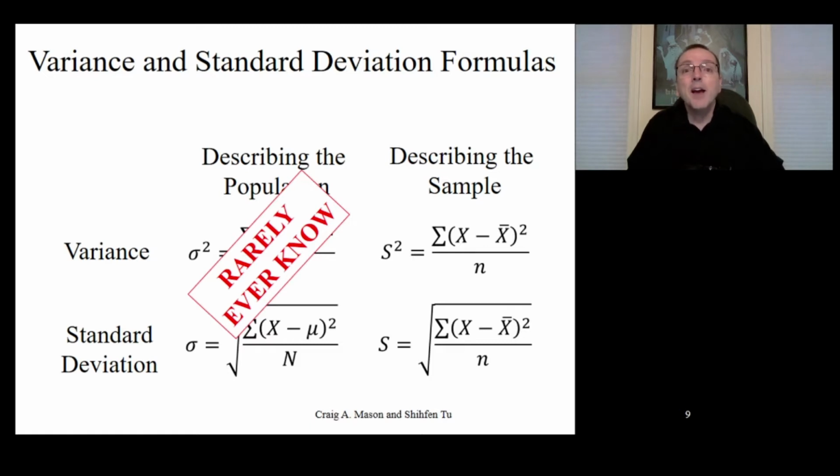On the other hand, uppercase S and S squared describe the variability in our sample. Now remember, they only describe our sample. We can't use them to estimate what that population looks like. But the problem is, that's typically exactly why we're doing the study in the first place. We want to estimate those population parameters like sigma or sigma squared.